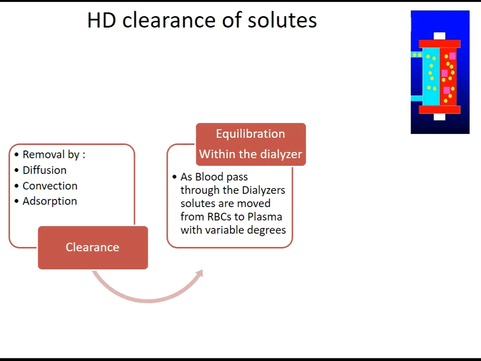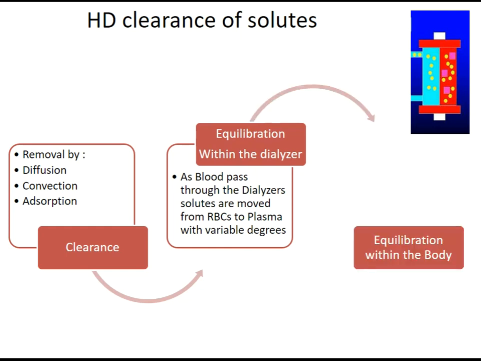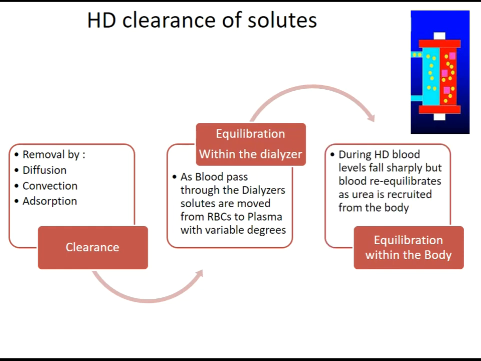As blood passes through the dialyzer, solutes are removed from red blood cells to plasma with variable degrees. Equilibrium again within the body. So during hemodialysis, blood levels fall sharply, but blood re-equilibrates as urea is recruited from the body.